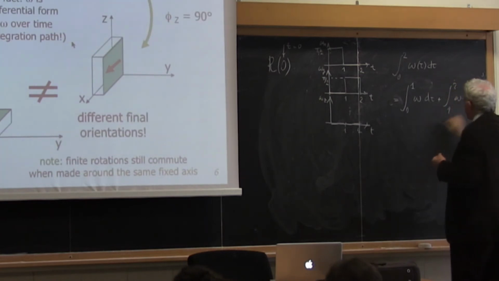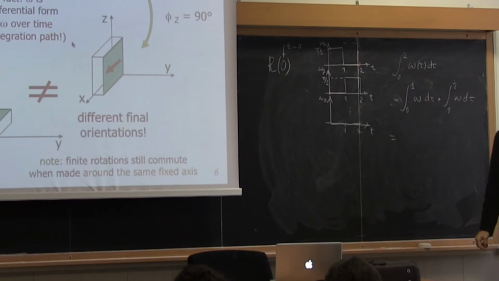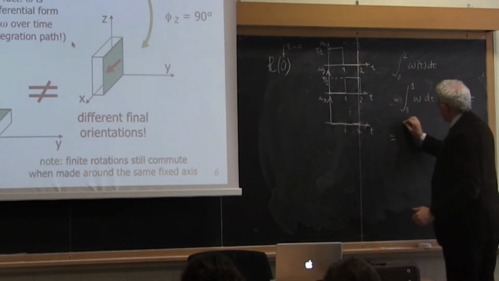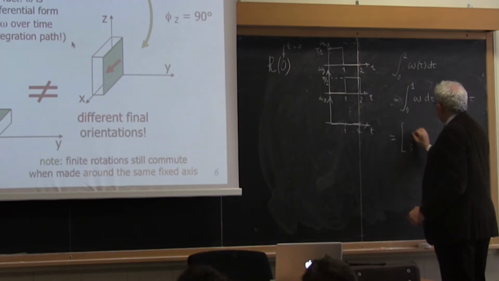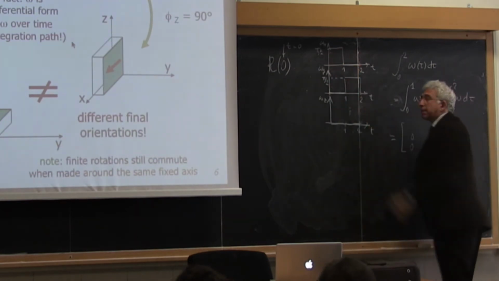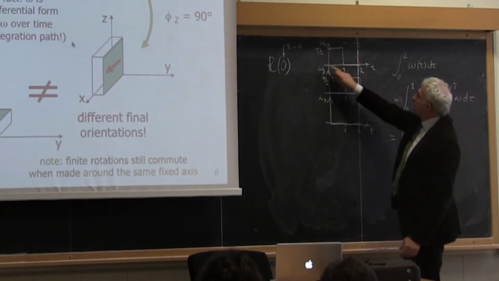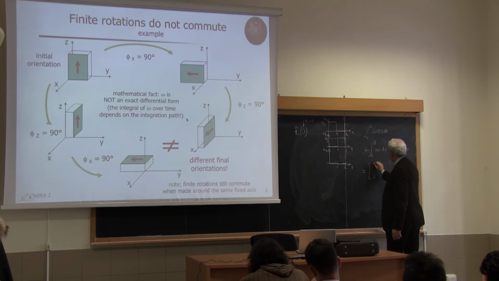I hope that everybody agrees with this. And then from 0 to 1, this part, the result is 0, 0, and then it's the integral of this. Okay? Which is for 1 second pi over 2, so it's pi over 2.